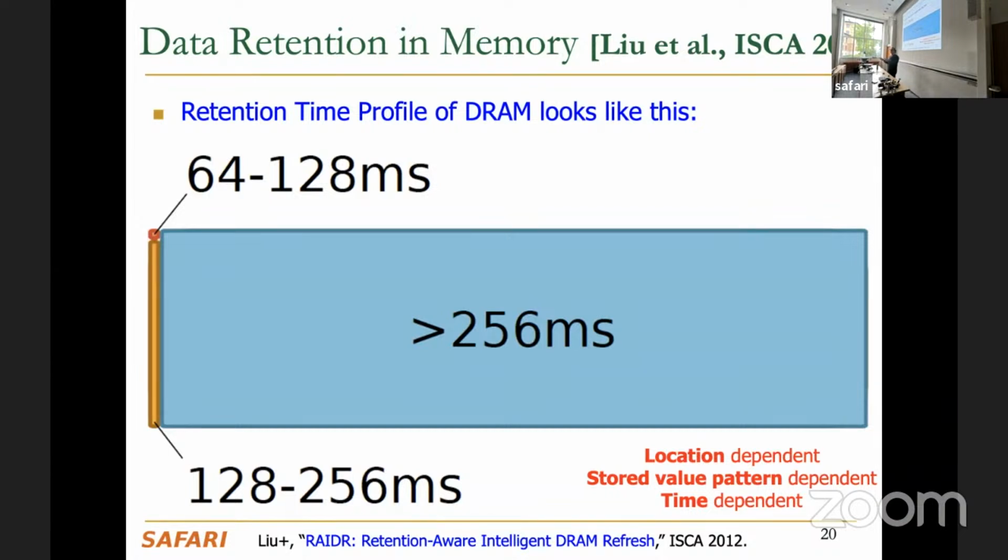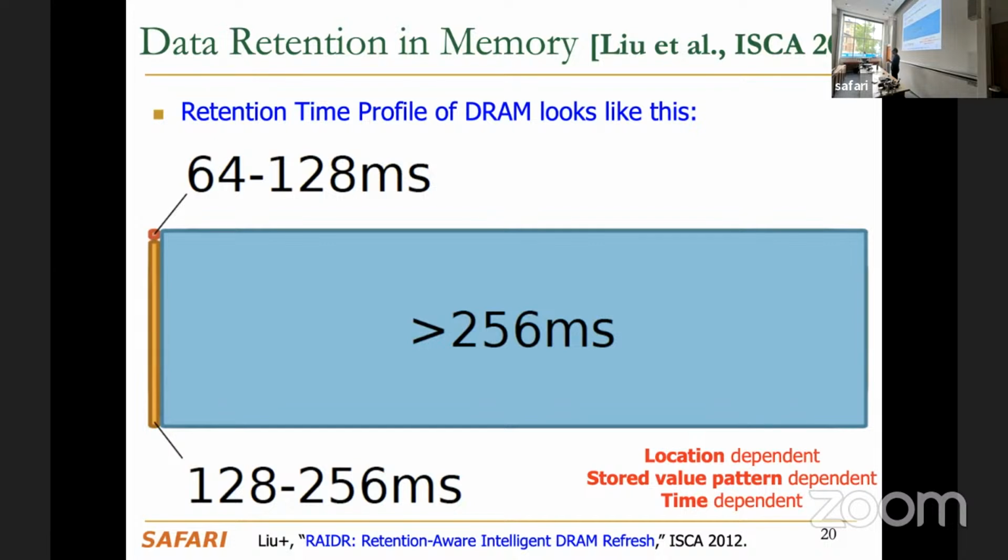That's not terrible. What's really terrible is that it's really a random value. Not all the time, but in some cases, there are cells that would switch from a very high retention time to a very low retention time. And this happens because of trap-assisted gate-induced drain leakage, which is essentially a random process. So the trap happens and that trap gets filled, and then a cell loses its charge quickly.